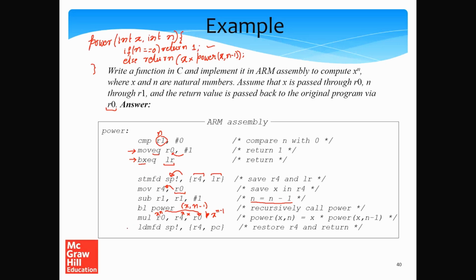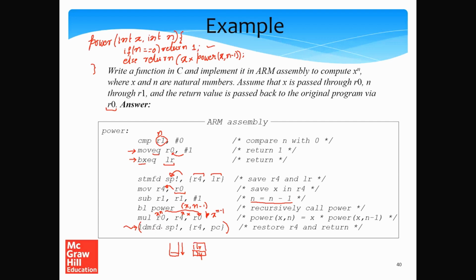This instruction is actually slightly tricky, but let me explain how it works. Let's first consider the case of R4. As I had said, we save these in descending order. So if this is the stack which is downward growing, and this is the stack top, we first have R4, and then we have the value of LR.